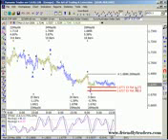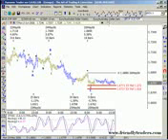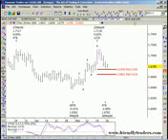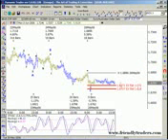The 127% to 162% external retracement of the wave 4 of C rally. The 50% retracement of the May 4th to May 22nd rally actually falls within this price target.